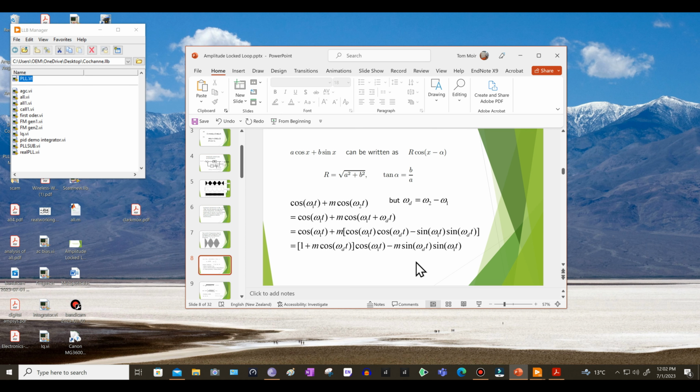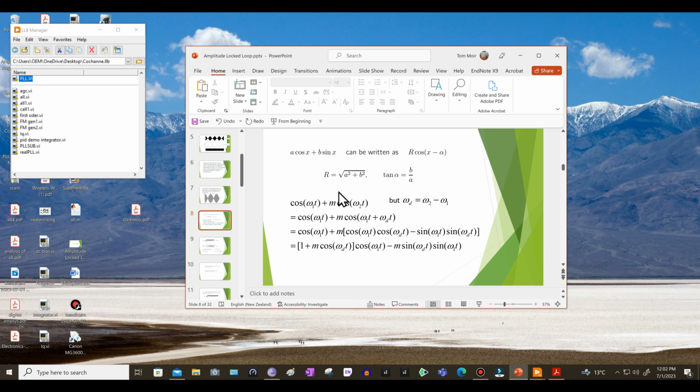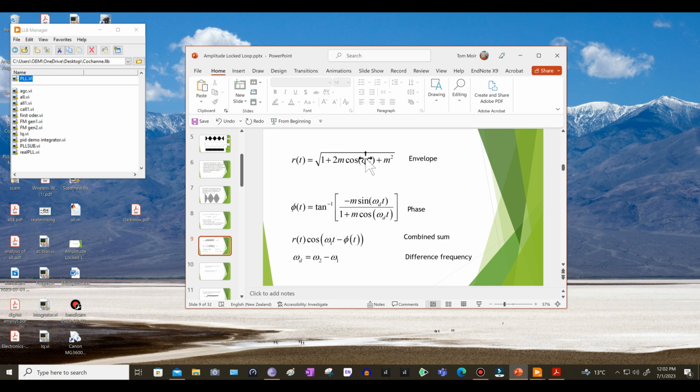And if we combine them together, then we get an envelope, which is, if you square this one and that one, you get 1 plus 2m cos omega difference t plus m squared cos squared, and then you get an m squared sin squared, and that adds up to be m squared, and you get 2m in the middle, so you get that as the envelope.